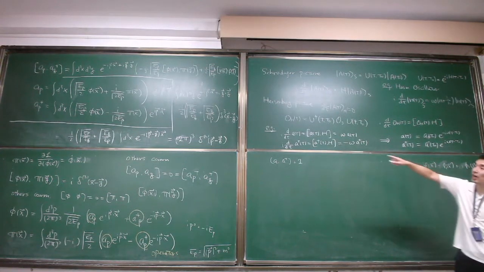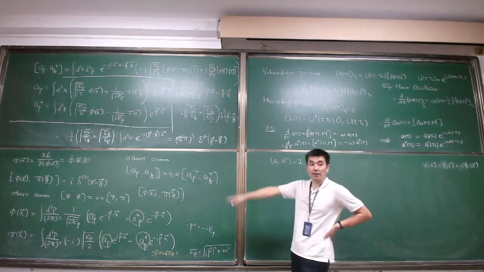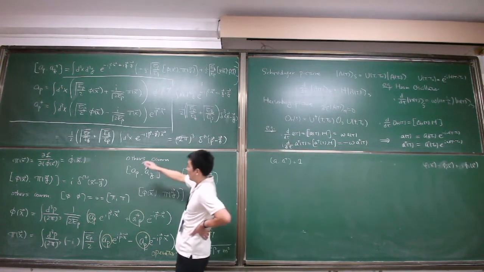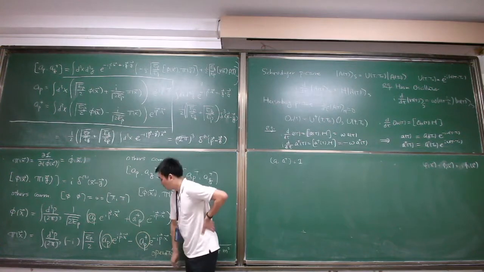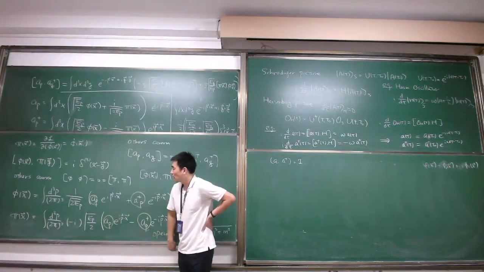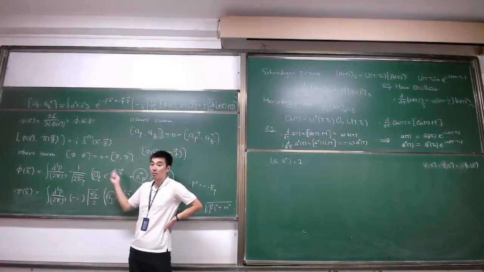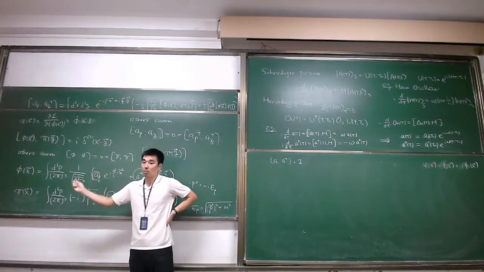Here I treated phi as a real field, okay, real field. Therefore, a and a dagger are just the complex conjugates of each other as a Fourier mode. Therefore, it's a real mode.